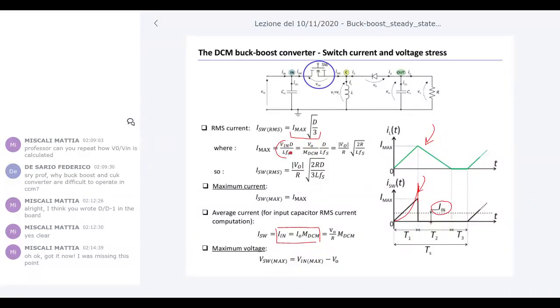With some simple algebraic steps you can derive Imax and the root mean square value. Finally, you should have this expression here, which is the maximum current. If you replace it here, you get this expression for the root mean square value.